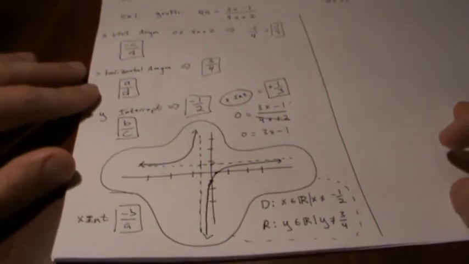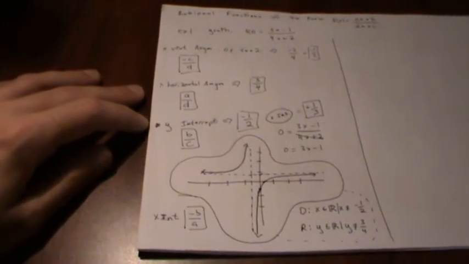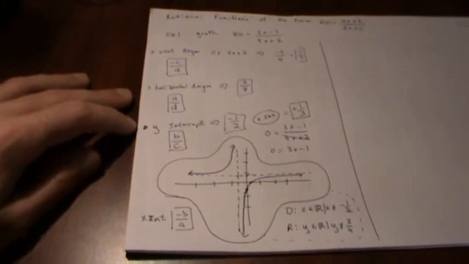All right? And we started with that equation there. Now what I'll do is I'll go the other direction. I'll start with a description of a graph, and then we'll try and build the equation. Okay?